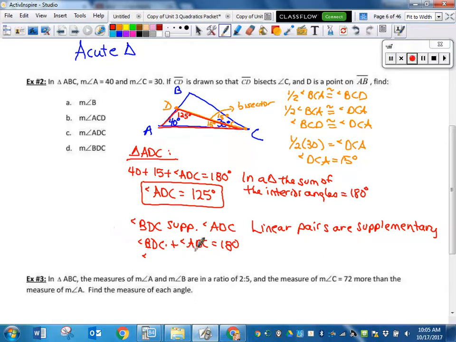BDC I don't know, but I do know that ADC is 125, and the total is 180, which means BDC has got to be 55. So that's 55.